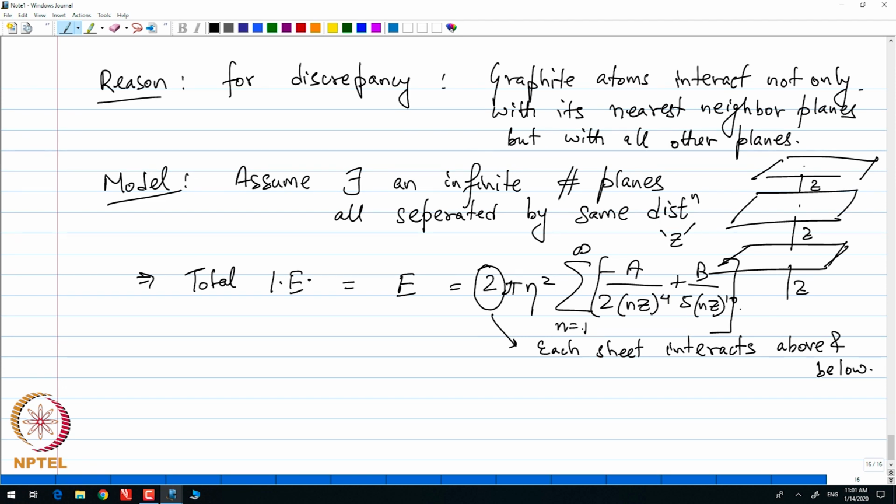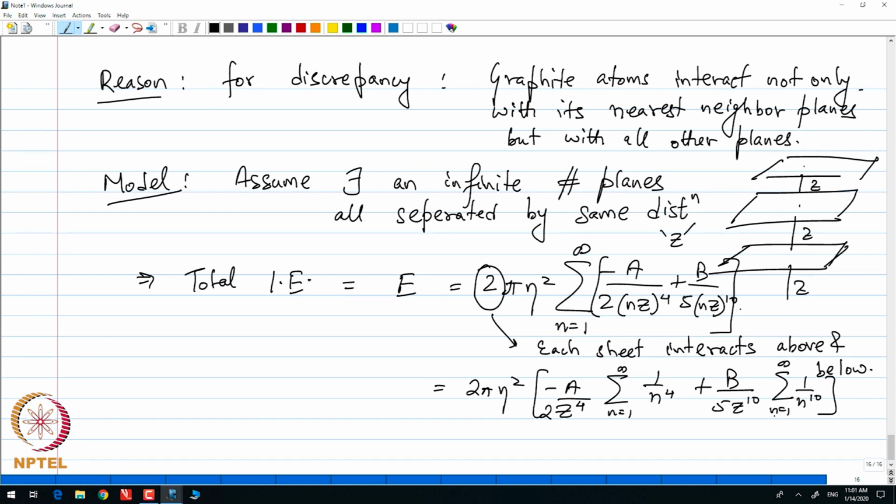Okay. So, then this particular summation becomes 2 pi eta square times minus a by 2 z to the power 4, which is a constant, times summation n from 1 to infinity of 1 by n to the power 4, plus b by 5 z to the power 10 times summation n from 1 to infinity of 1 by n to the power 10.